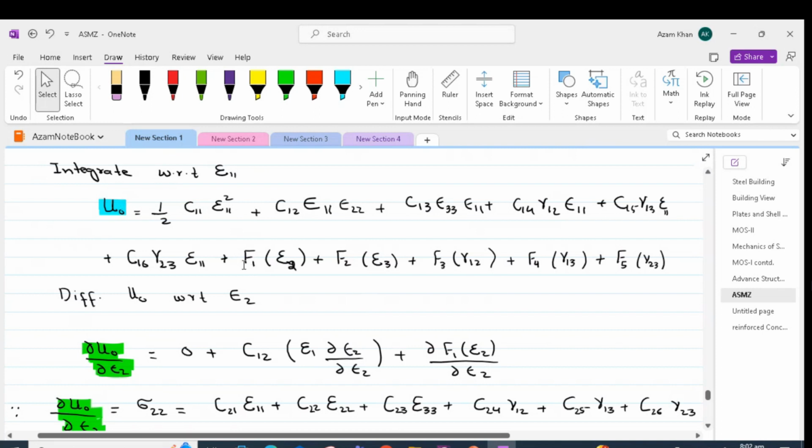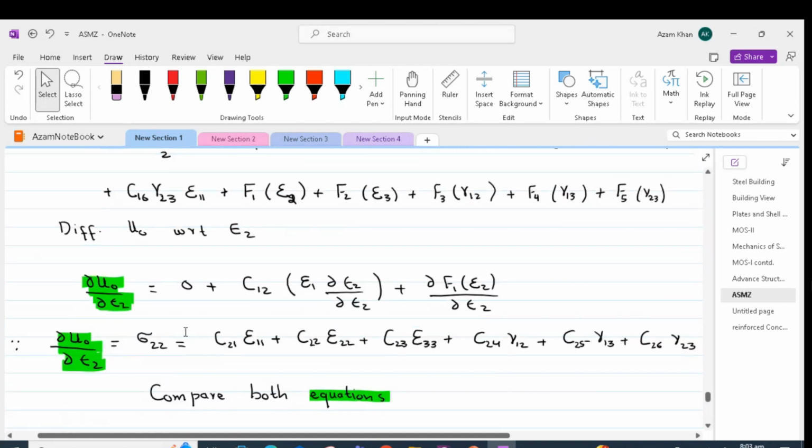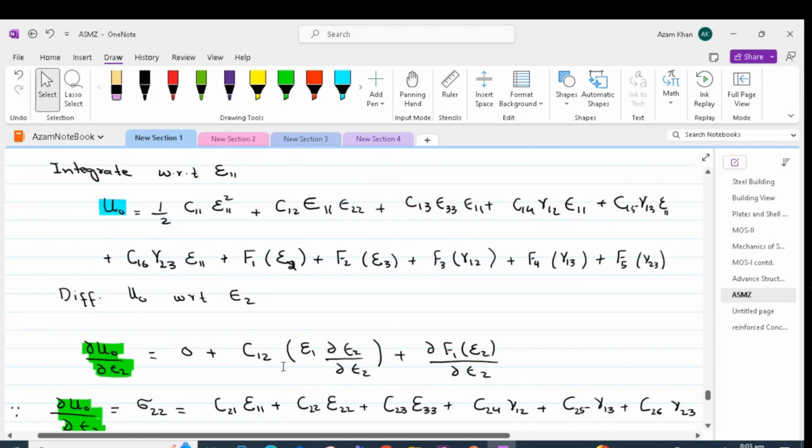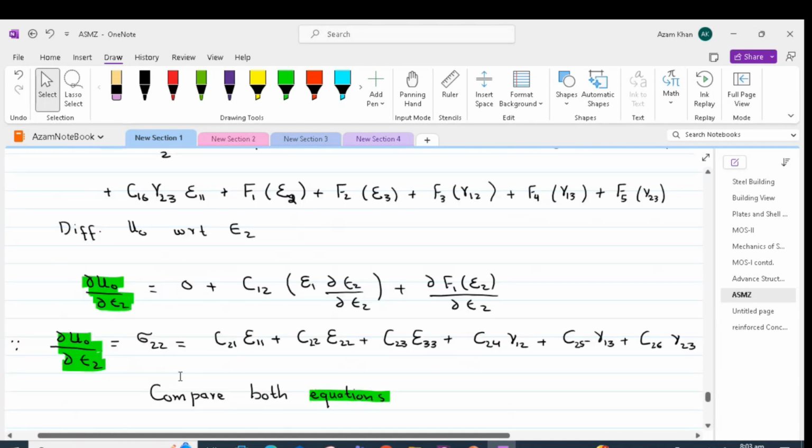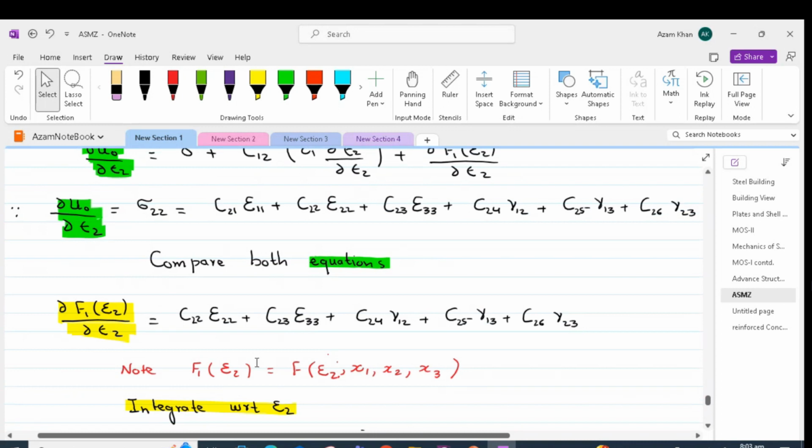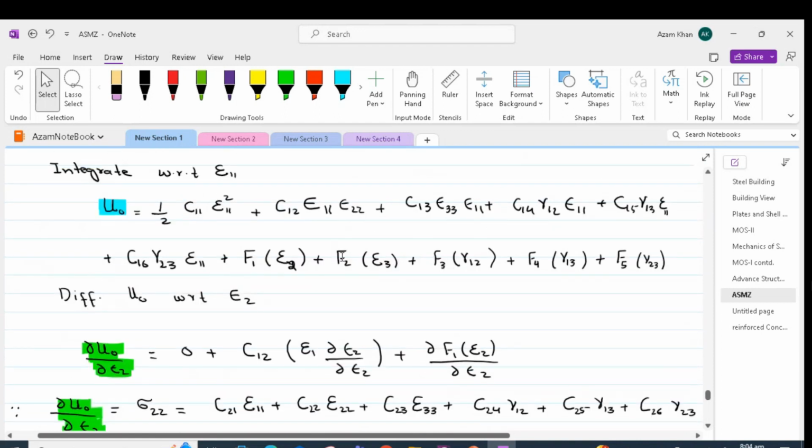We will do the same exercise of finding f2 of epsilon 33 by first of all taking the partial derivative with respect to epsilon 33, then by comparing the strain energy equation with Hooke's law, getting the coefficients, and then integrating with respect to epsilon 33, and then plugging back the value. This exercise would be repeated for each and every constant.